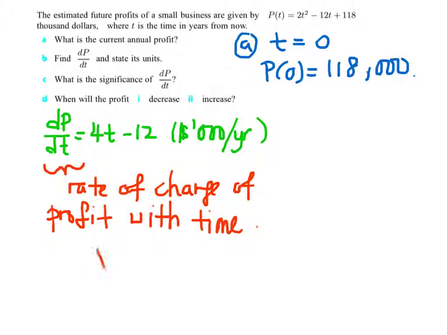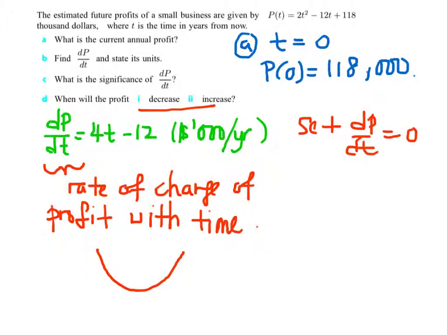To find the decreasing or increasing parts of the function, we set dp/dt equal to 0 and find t. We let 4t minus 12 equal 0, and the outcome is t equals 3.